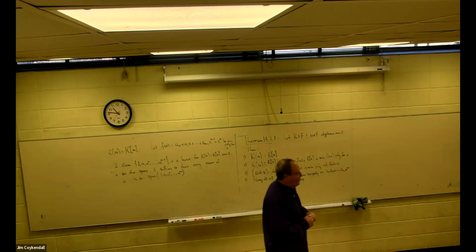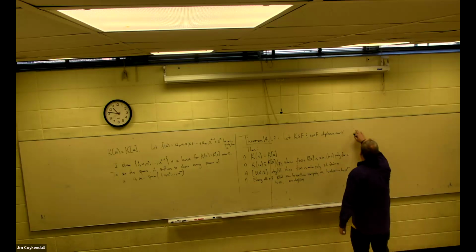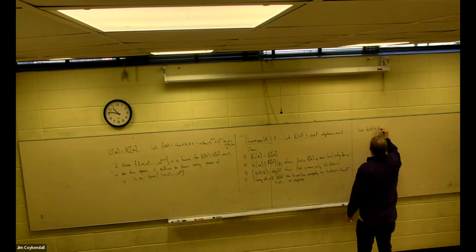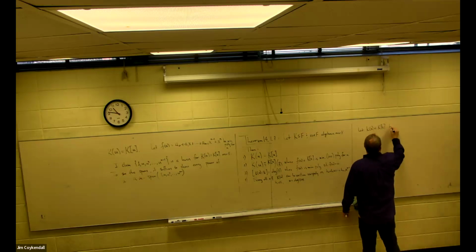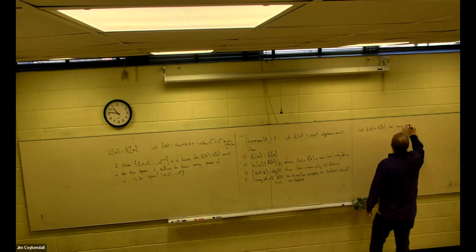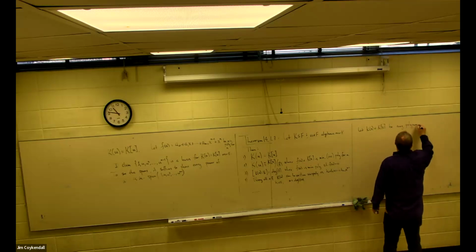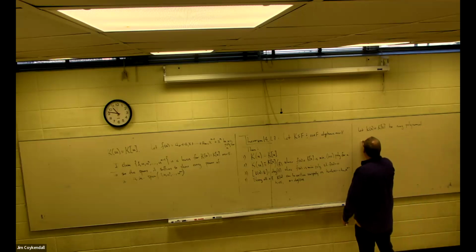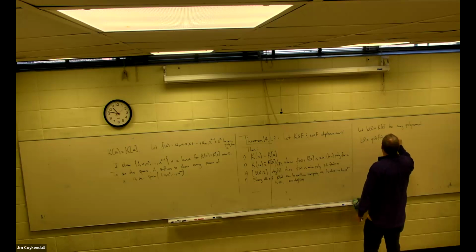Let me give you something that might be a little slicker. So let k(x) in K[x] be any polynomial. Notice I can write k(x) equal to q(x) times f(x) plus r(x).